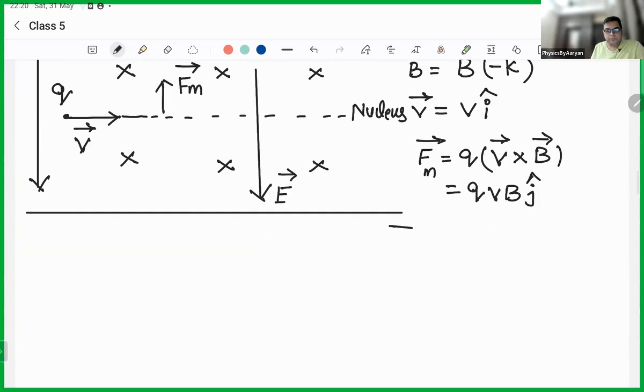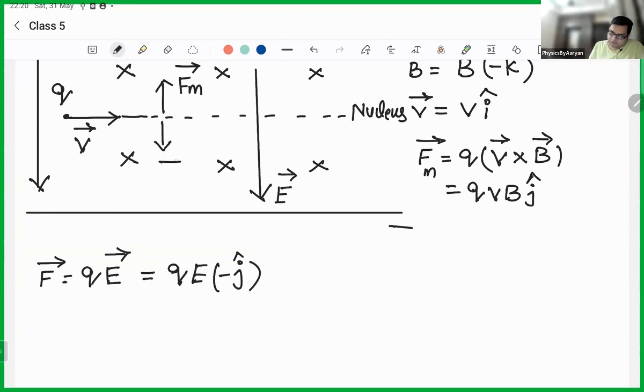So now the charge will also experience an electric force. How much will the electric force be? It will be QE. The electric field is in the negative j direction, so Q times minus j, right? So the magnetic force is acting upward, the electric force is acting downward.